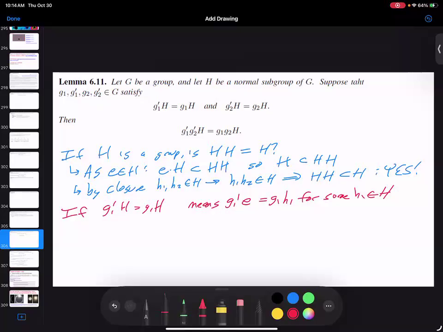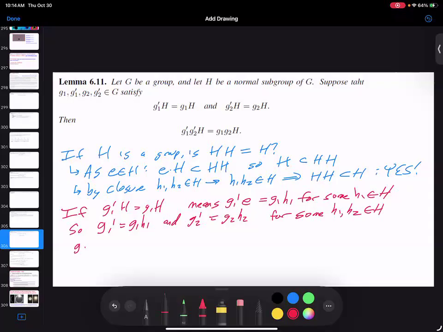So if I look at g1 prime hitting e, that's got to live somewhere in g1H. I don't know where, so I'll call it h1. So we now know that g1 prime times e equals g1h1. So that means g1 prime equals g1h1, and g2 prime equals g2h2 for some h1, h2 in H.